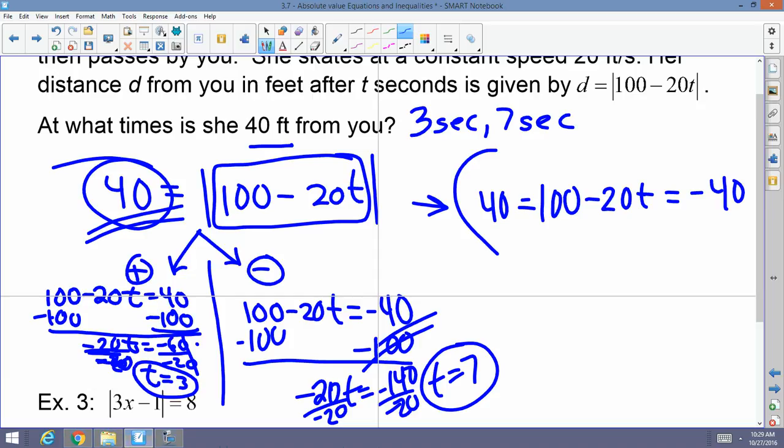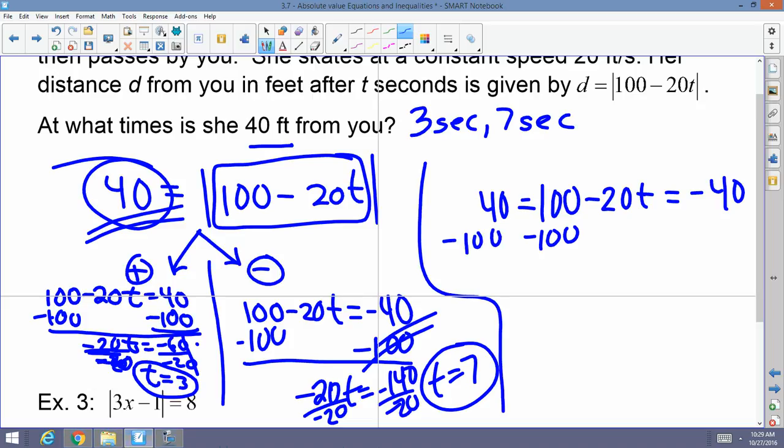Now, I'm starting to think that I like this way better, okay? Look how much easier this is, actually, in my opinion. I subtract 100, but remember, I subtract 100 from every side.